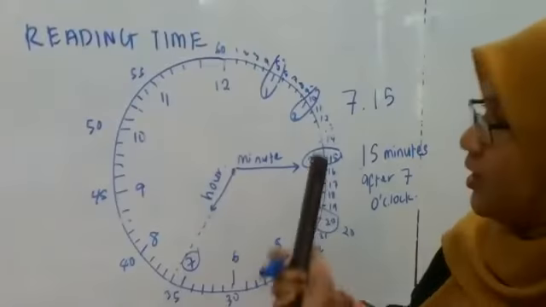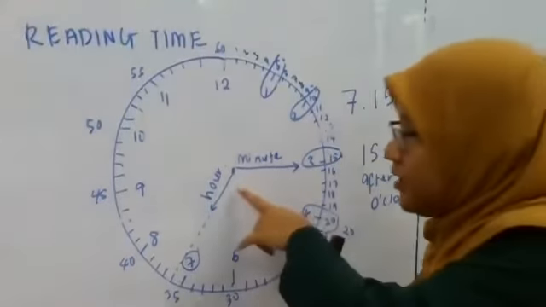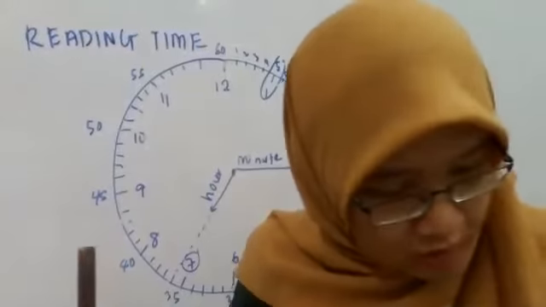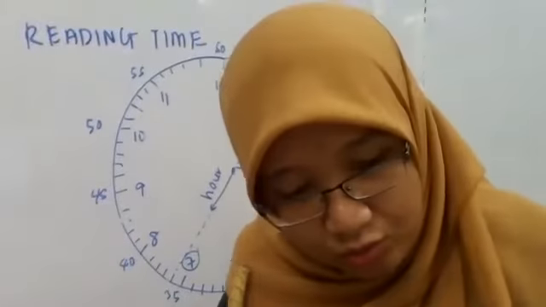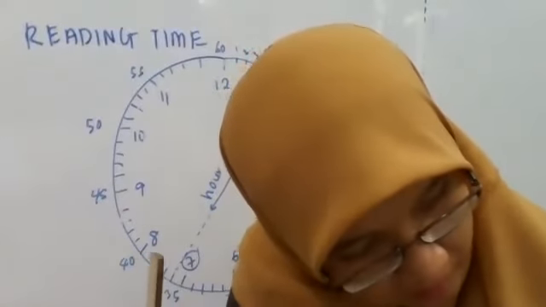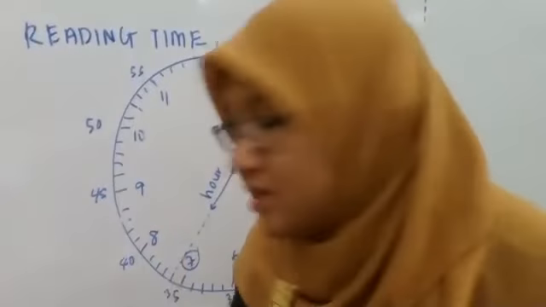Since you have learned how to read time, how to read the minute needle, and how to read the hour needle, then you can do practice. I want you to do 3 pages only, enough for this weekend. Okay, 4 pages.